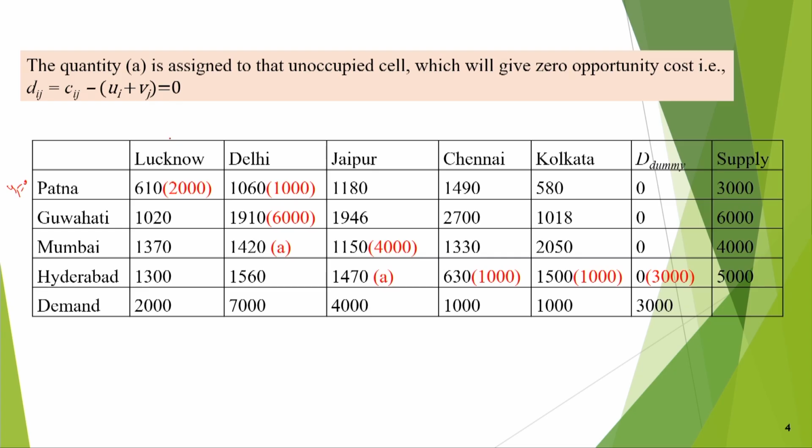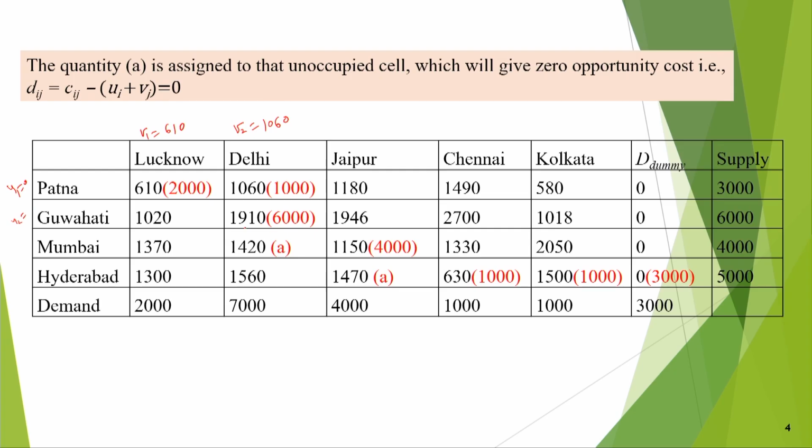So here it is 610. Therefore we say V1 is equal to 610. I just concentrate on one cell at a time, and U1 is equal to 0. The first row is already 0. So this is V2. Now V2 is equal to 1060, so that U1 plus V2 becomes 1060. And then after that I can come to U2. So how much is U2?